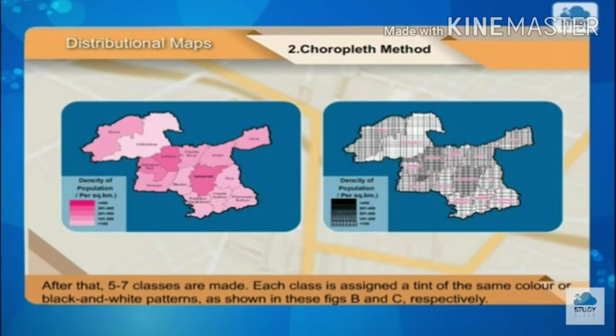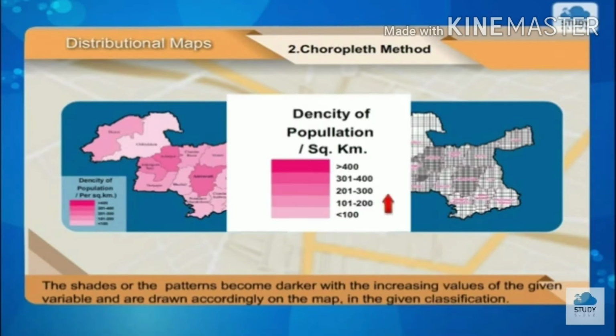The density of population of Chandur Bazar and Chandur Railway is between 101 to 200, whereas Chikhaldara has very low population density, which is less than 100.